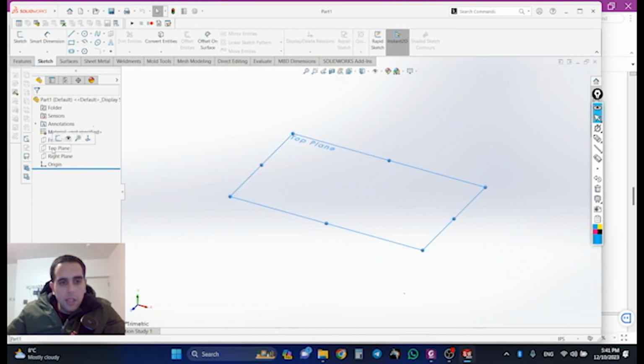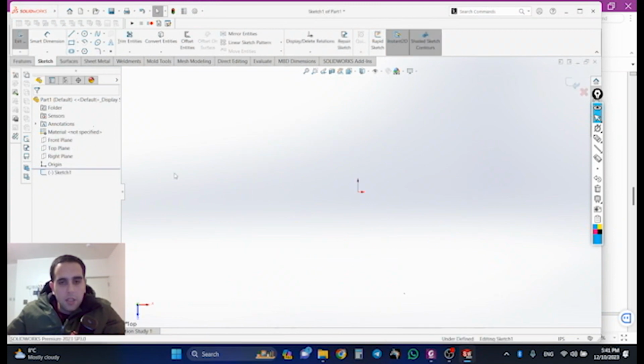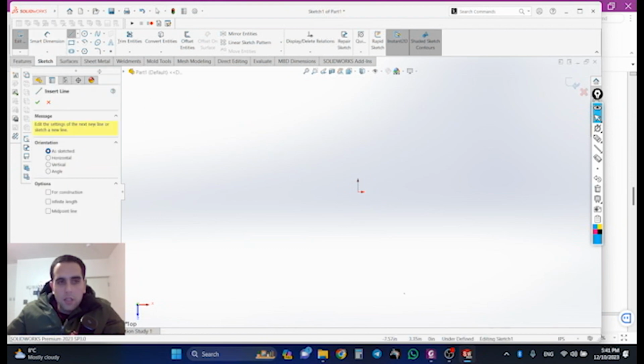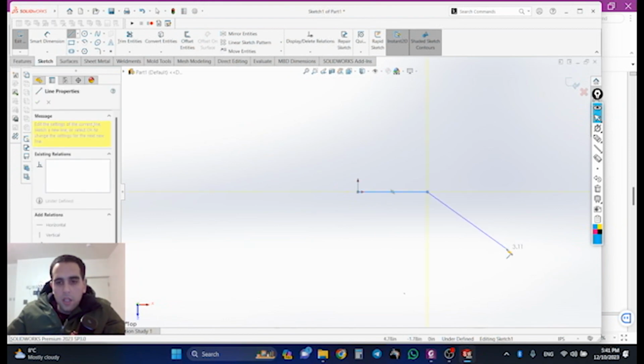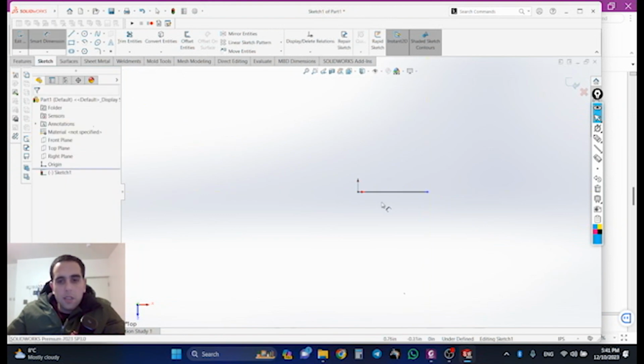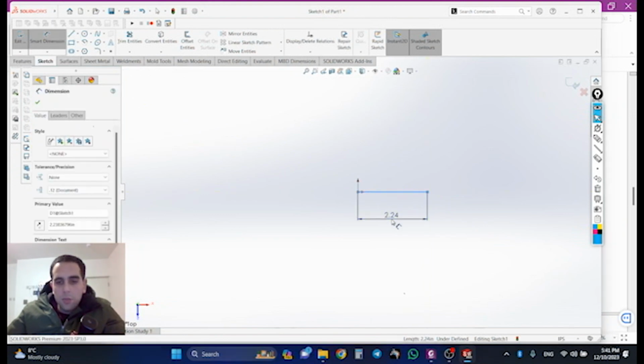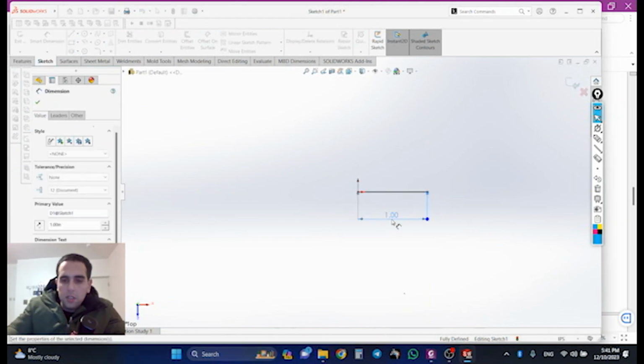Making a sketch from the top plane, we use a sketch. From here, we draw a line, choosing a point in the center and a point here, and we want this dimension to be 1 inch.